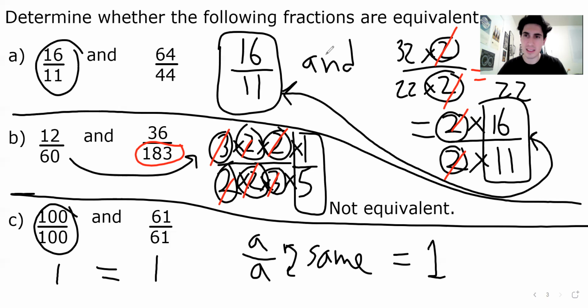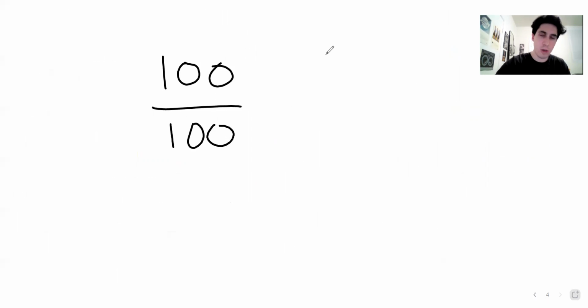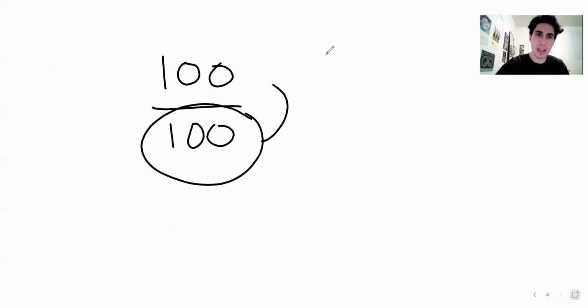Now, why is this the case? It's the last thing I'll say, and then we're finished for the day. When we do division, 100 divided by 100, we're always asking the question, how many times does the denominator go into the numerator? I'll write it down visually so you can read it.